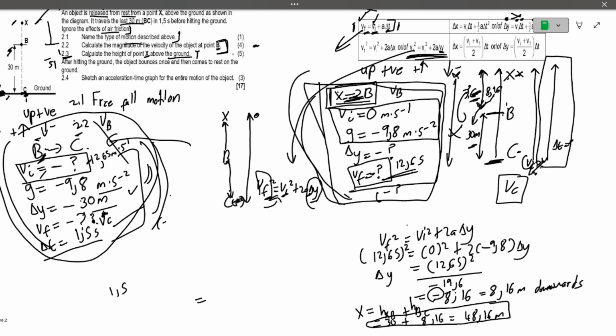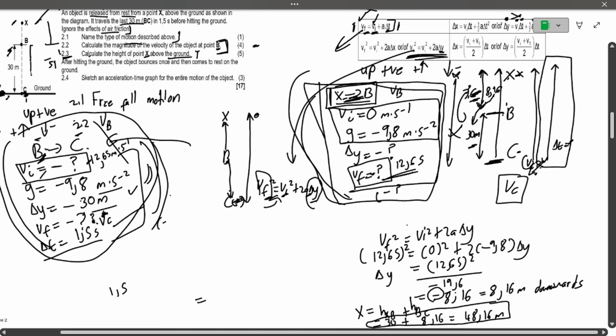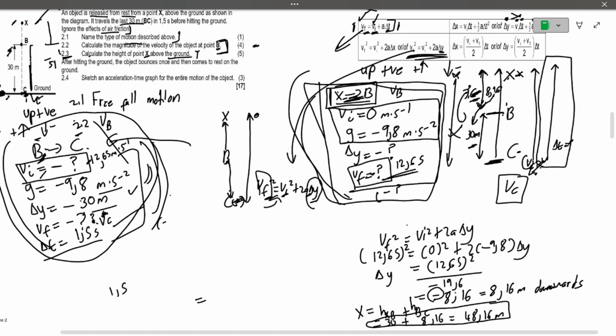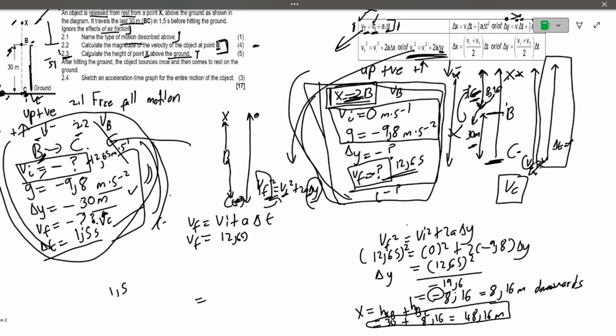So how do we find v at c? We use this section of motion bc. Then when we use motion bc, we'll just find v at c, and then we come back and substitute. So let's use this formula. vf equals v initial plus a change in time. v final at this point we are looking for, and then v initial is the velocity at b, the one that we calculated, which is going to be 12.65, and then we put it with its sign, which is negative.